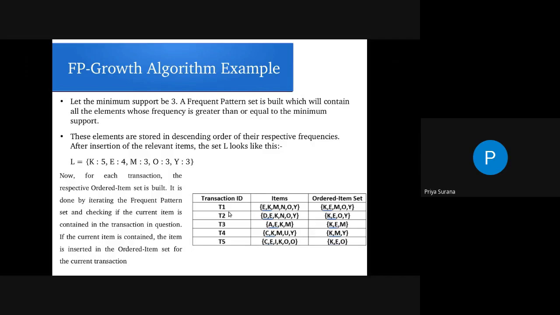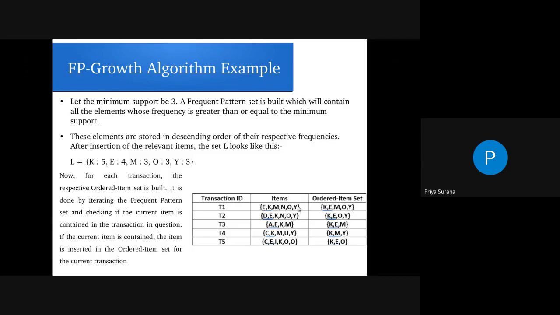From these atoms, only those which satisfy the minimum support criteria of 3 or above are considered. So already we discussed K is there, E is there, M is there, O is there, and Y is there. So in transaction P1: K, E, M, O, Y.